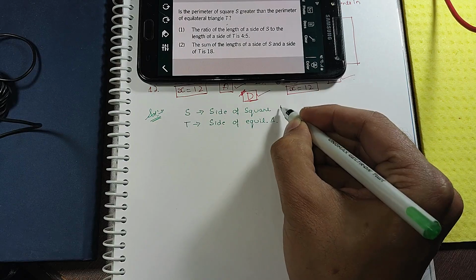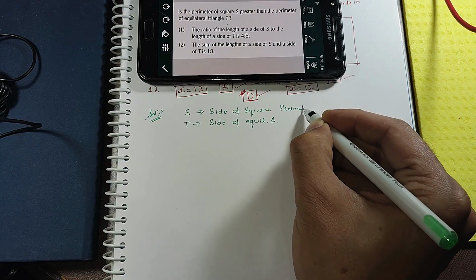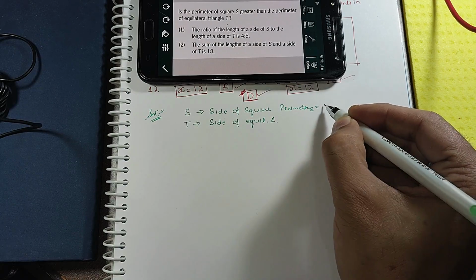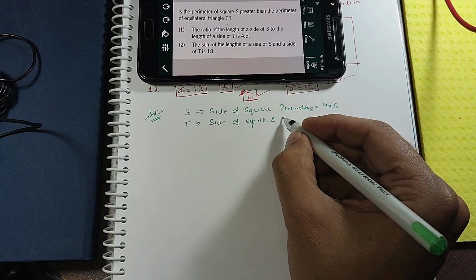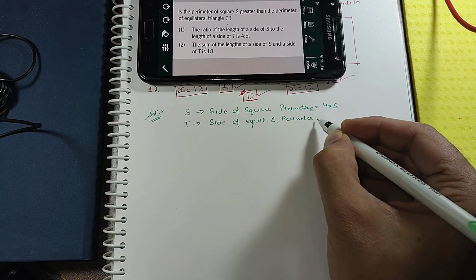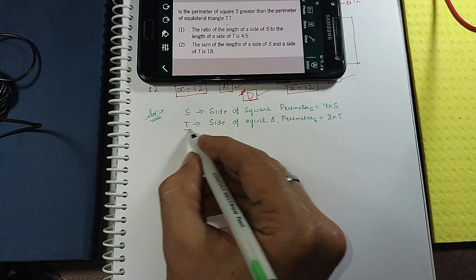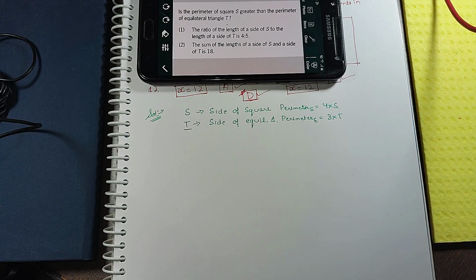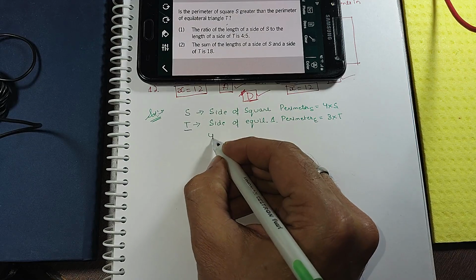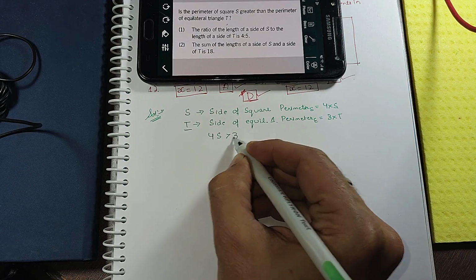Now we know that the perimeter of a square is equal to 4 into S, 4 into side, and the perimeter of an equilateral triangle is equal to 3 into T, since we have let that side to be T. We have been asked whether the perimeter of the square is greater than the perimeter of the equilateral triangle. So basically that means 4S is greater than 3T.